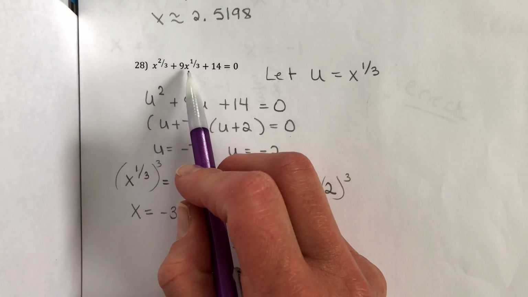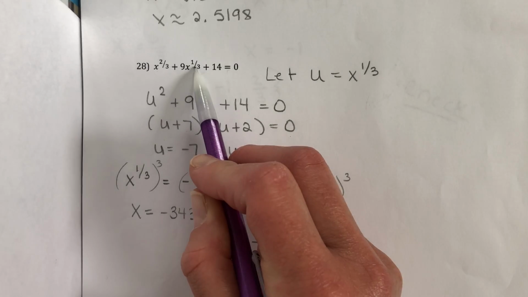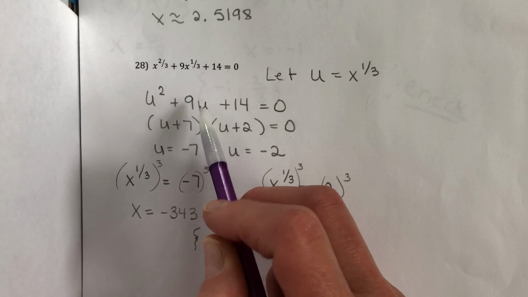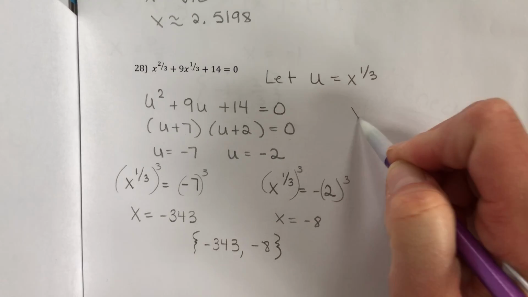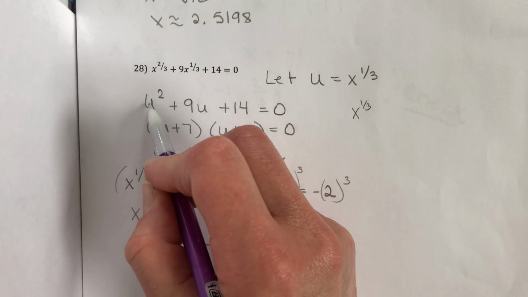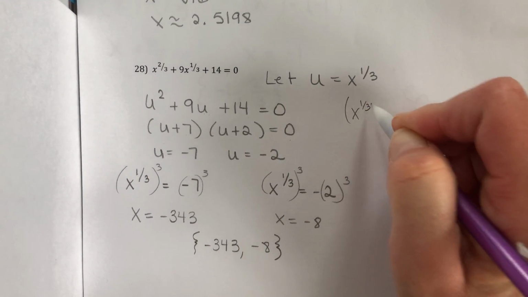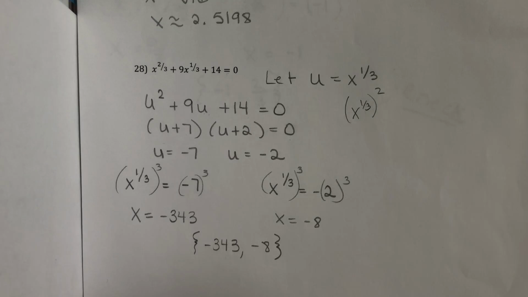So wherever I see x to the power of 1/3, I make it a U. That's easy over here because it's just x to the 1/3, make it a U. But over here, I can make x to the power of 1/3 into x to the power of 2/3 by raising it to the power of 2.